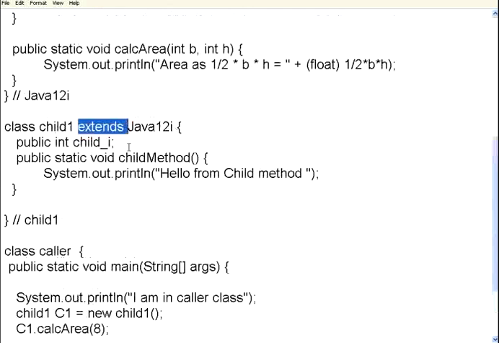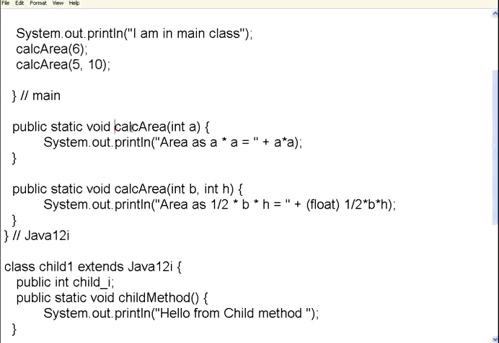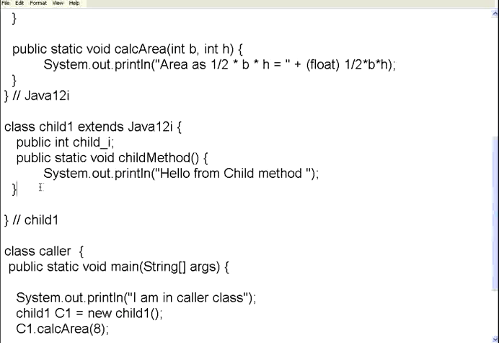In the previous session we talked about method overloading, right? Just before this. You can also have another calculate area with the same name in the child also, overriding this. So overriding is when you declare the same method in another place.